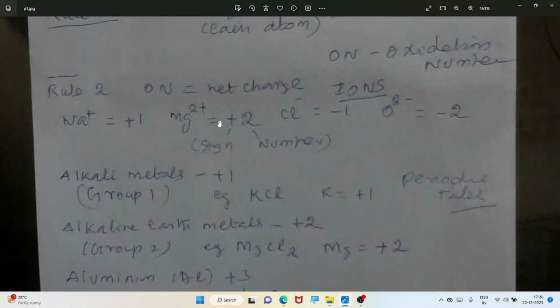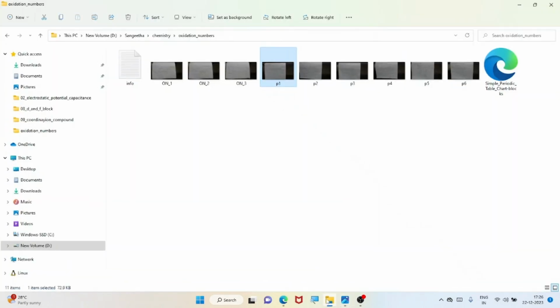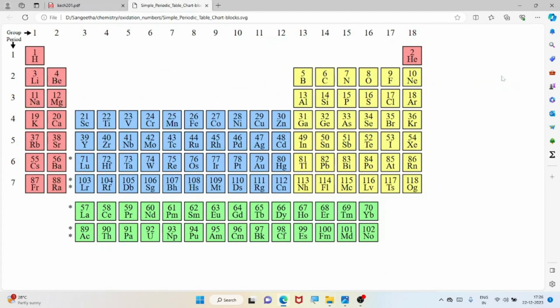This is the charge for alkali metals, which are in group 1 of the periodic table. So these are the alkali metals, and these are all alkaline earth metals.